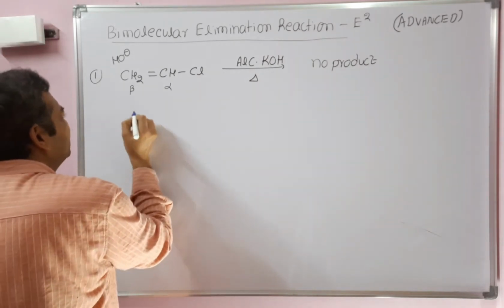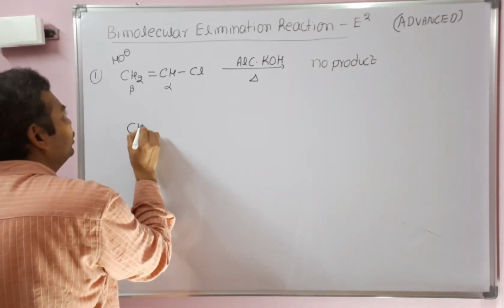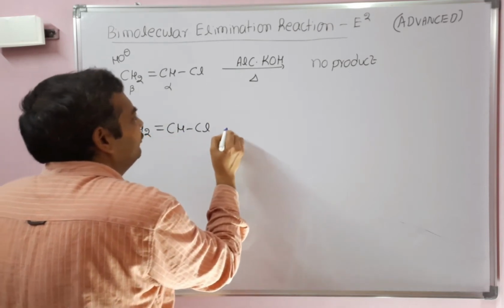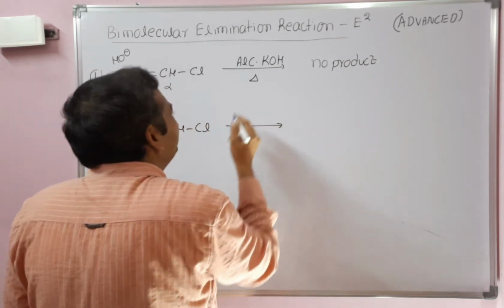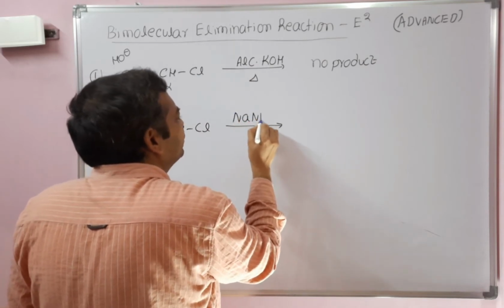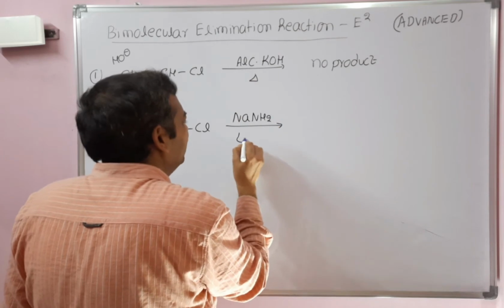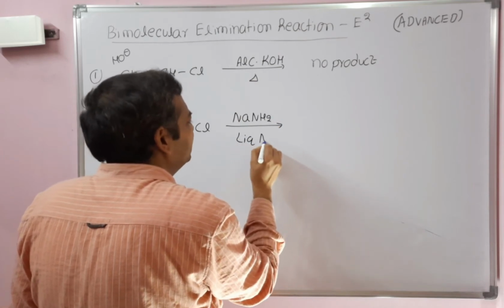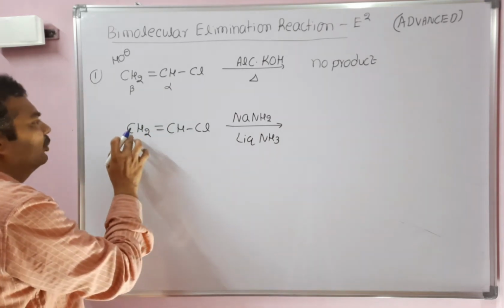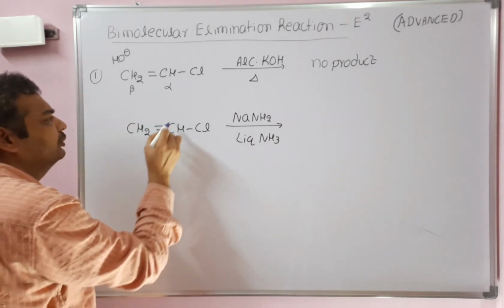For example, suppose the same reaction, CH2 double bond CHCl, if you run it with sodamide in liquid ammonia. It's a strong base, and especially this type of base will abstract a proton at the beta carbon over conjugation.